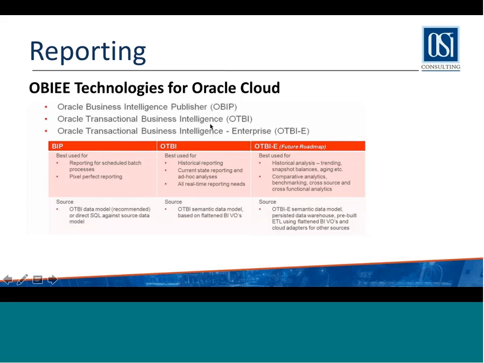For those of you that use OBIEE in your current instances, this would be very familiar to you. It comes with a pre-built business area for each module. So the OTBI for that module comes along with the module when you own that module on the cloud, and it allows you to build custom reports for it. There is also an enterprise edition for OTBI coming up, and that's in the future roadmap.